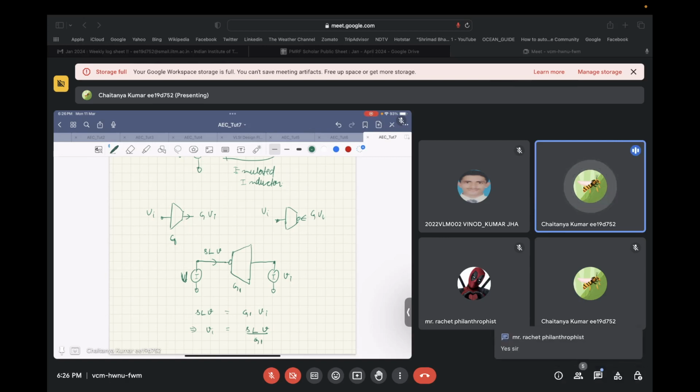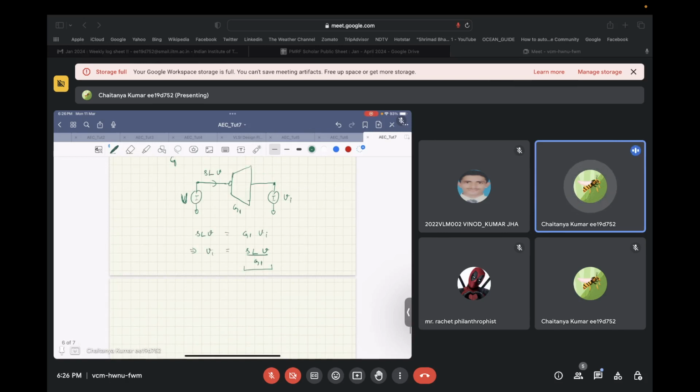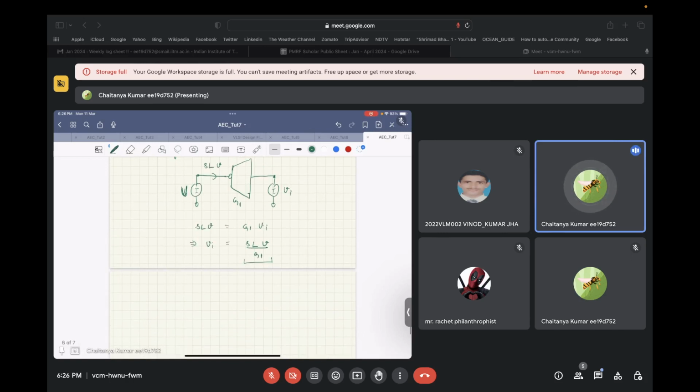Okay. So now another task for us is to generate this voltage, that is V divided by SL times G1. In order to generate this voltage, how can this voltage be generated?